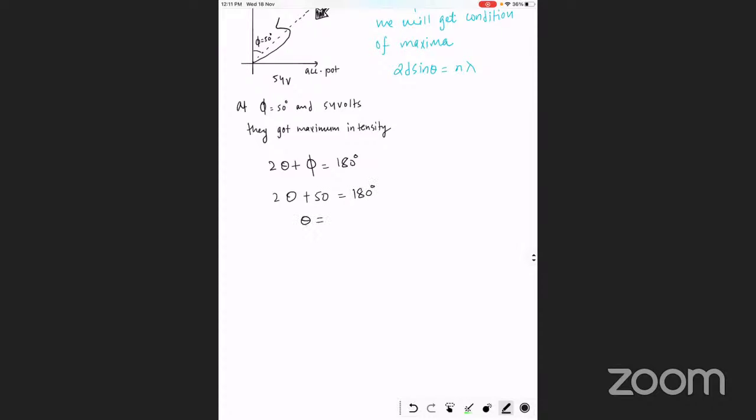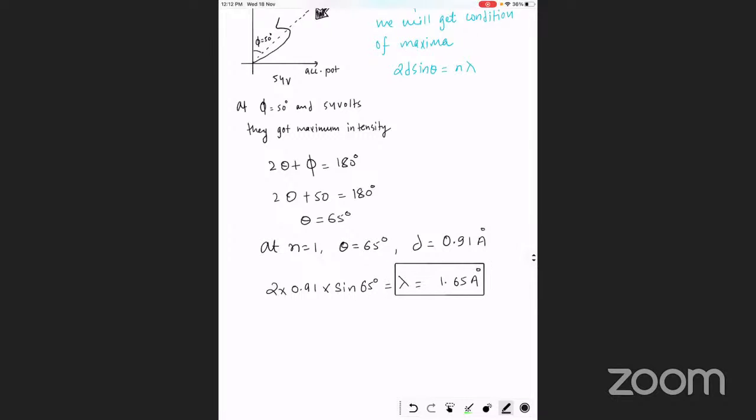You'll get theta as 65 degrees. Now put n is equal to 1 and theta is equal to 65 degrees. And we know that d is equal to 0.91 Angstrom. After calculating all this, we'll get wavelength equal to 1.65 Angstrom.